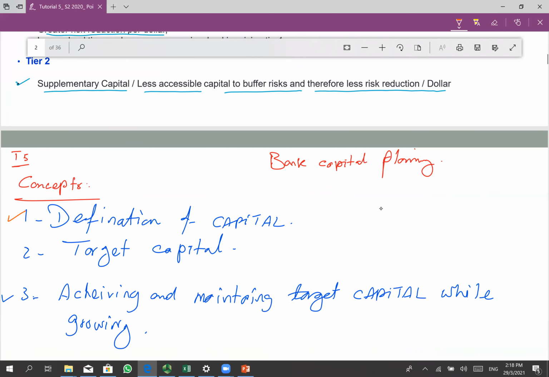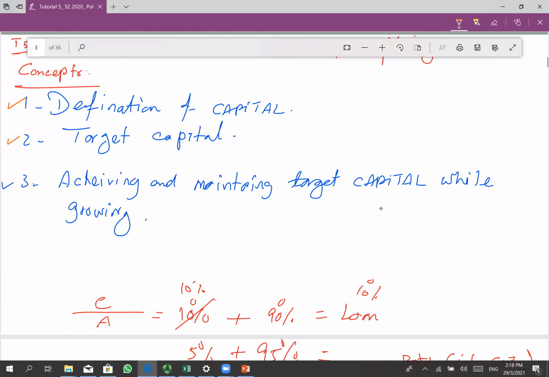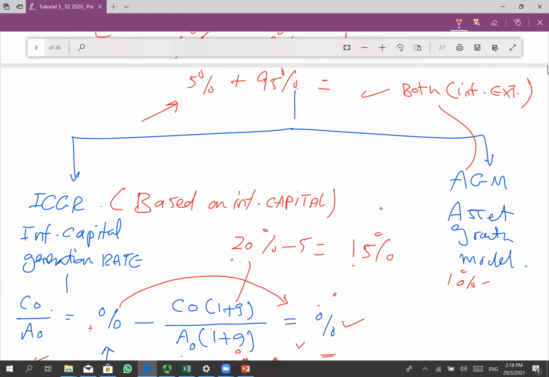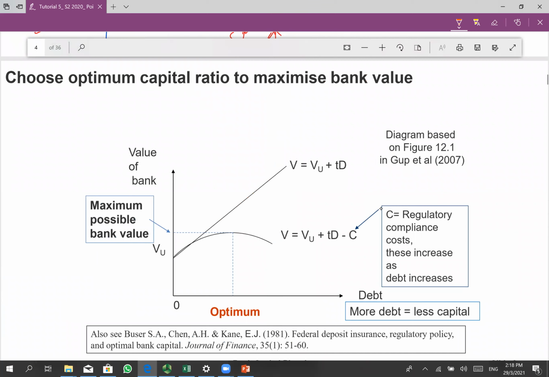Okay, we go now to the target capital, which is the core issue in this tutorial and in this class. Look, my friends, I explained this so many times, but this graph was designed specifically for the capital. So this is the debt, which means how much capital.